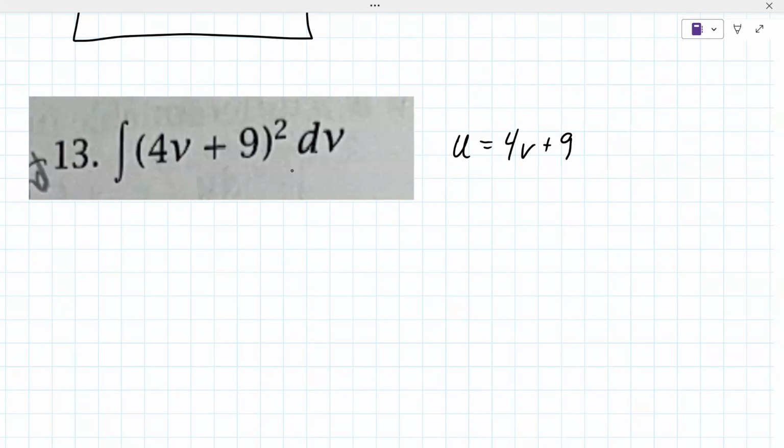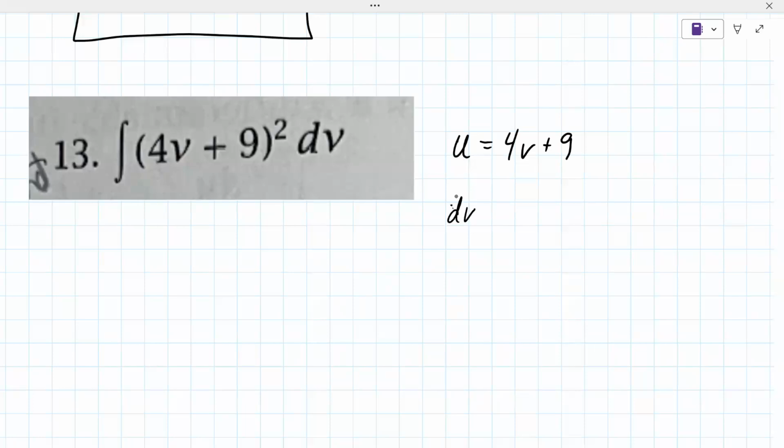All right. So I'm going to give you the u-substitution. Could you try to work this out as far as you can and let me know what you come up with? Okay, for dv, I got dv equals du over 4.